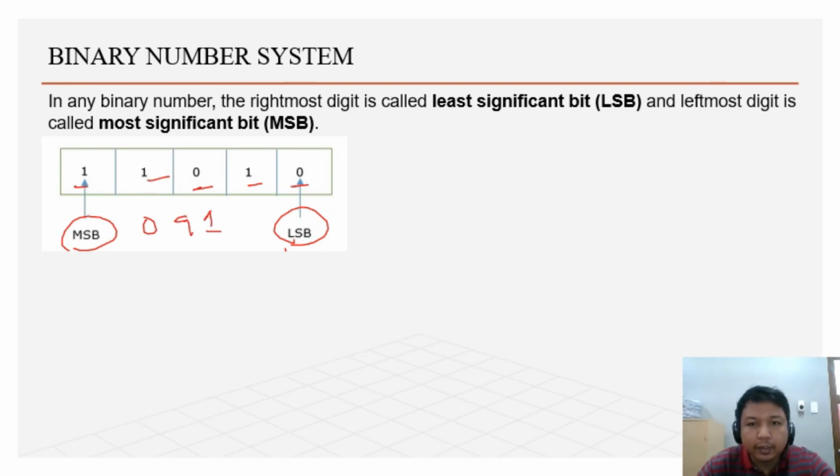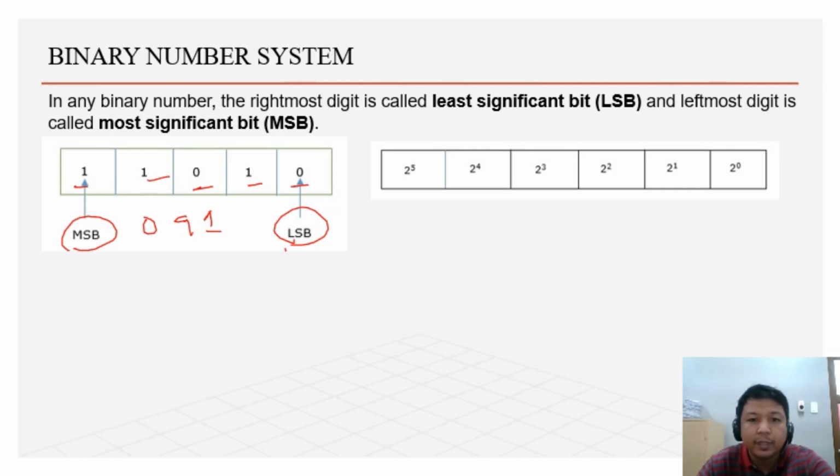Like decimal number system, our binary number system also uses the positional value system. So in this case, we have the least significant bit, we have the position equal to 0. And of course, followed by position 1, position 2, position 3, position 4, and position 5.